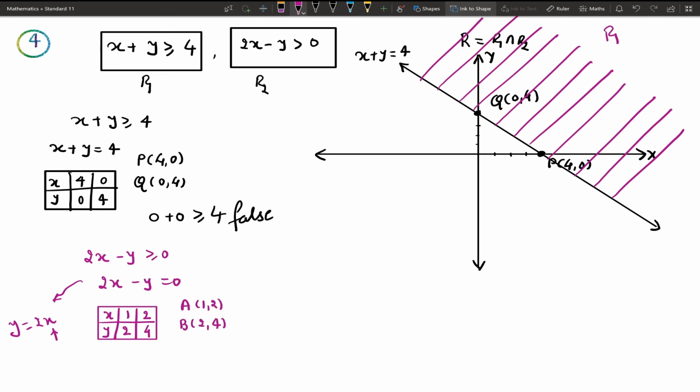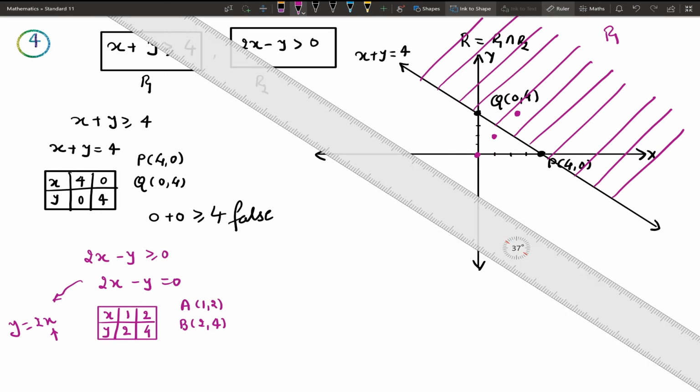A (1, 2): x coordinate 1, y coordinate 2, and another point, x equal to 2, y equal to 4. The line always passes through the origin because the constant term is absent.